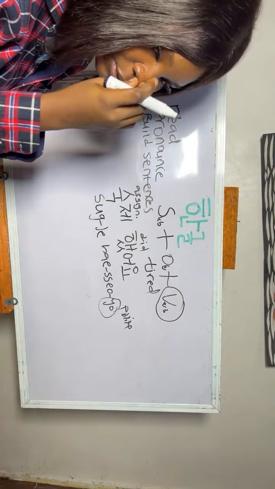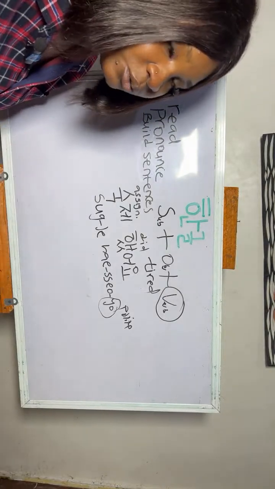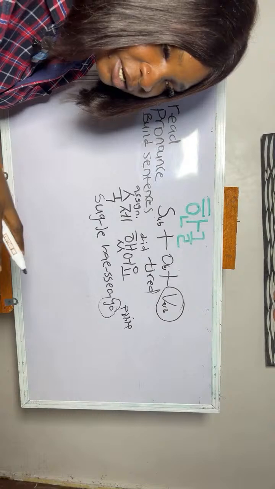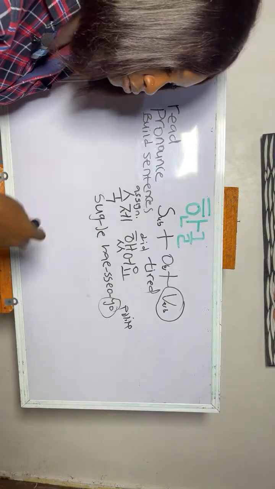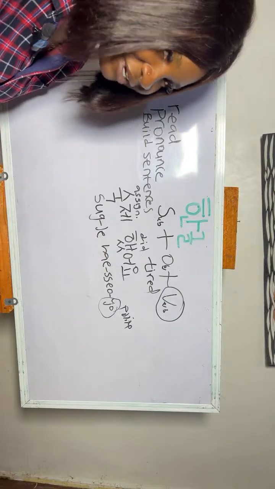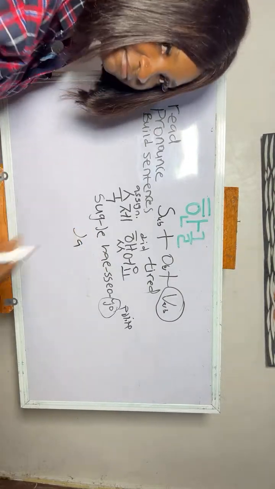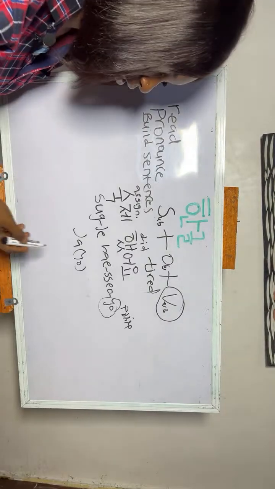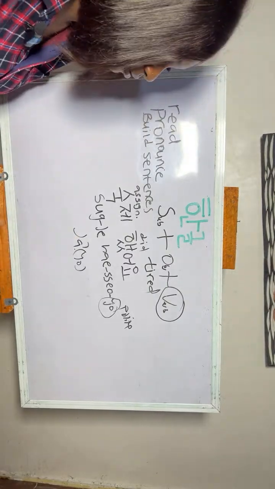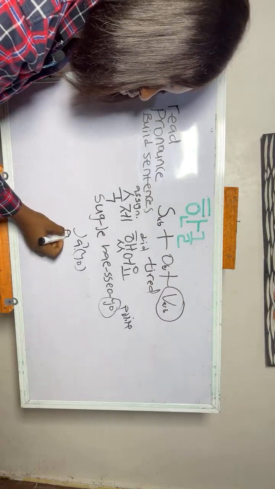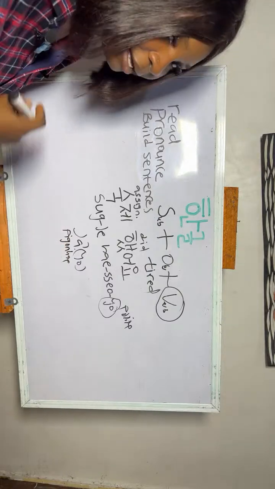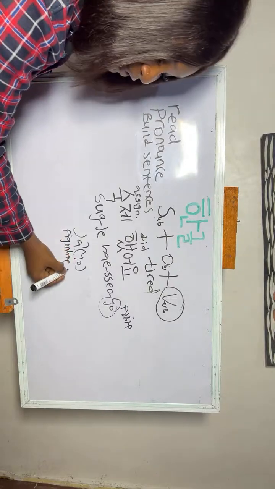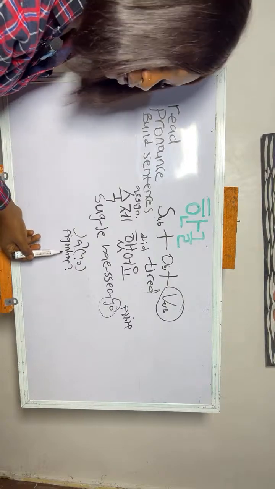That yo is what Koreans consider: when you add that, you're being polite to the person you're talking to. If this person is younger than you, or your friend, or your mom is talking to you, she's not going to put yo in. She's going to say 자, are you sleeping, instead of 자요. Your friend would also say 자. Or if your mom wants to say I'm tired, she would say 피곤해. Or if your friends want to say I'm tired, or ask are you tired, they would say 피곤해, with a question tone.